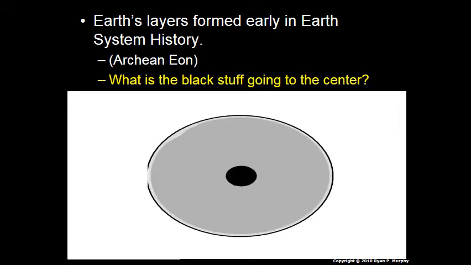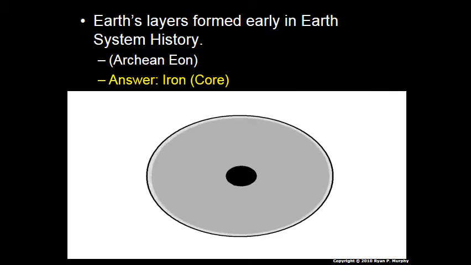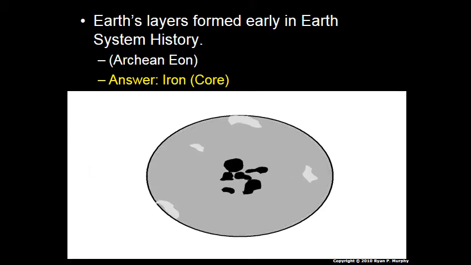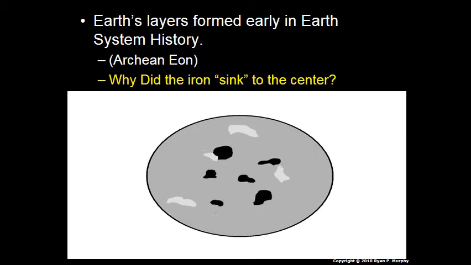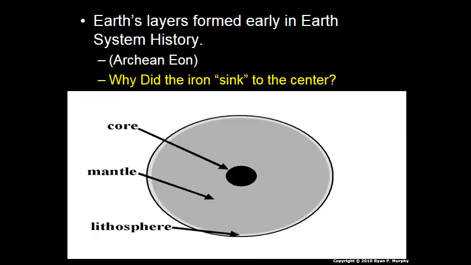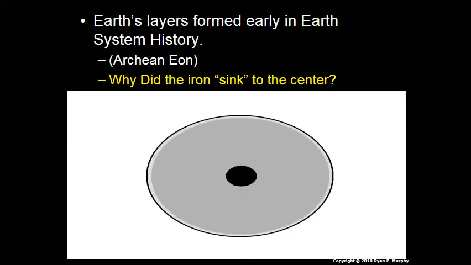The stuff sinking to the center of the Earth was the more heavy, or what we should say is the more dense things. And so things like iron, gold, stuff that's really heavy and dense actually sinks to the center. And so the lighter things, things like oxygen, tend to float to the top layers of the Earth.